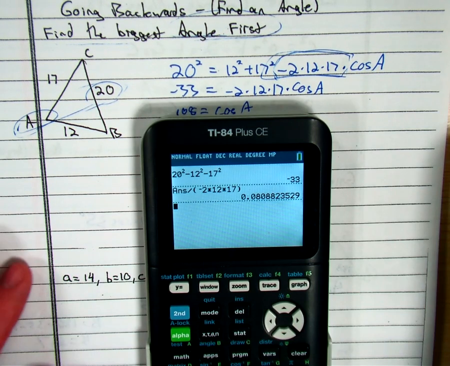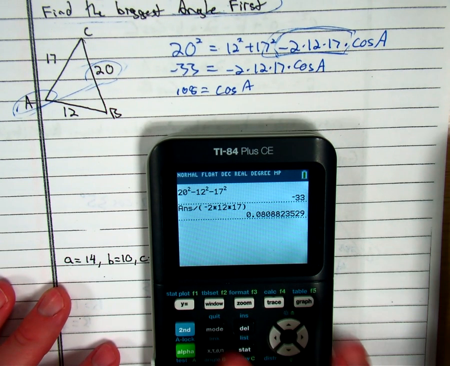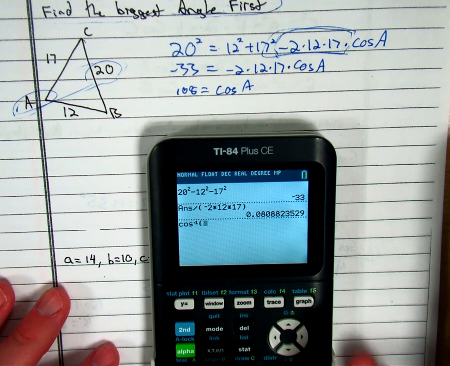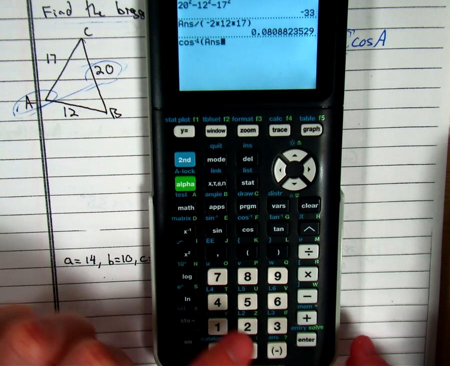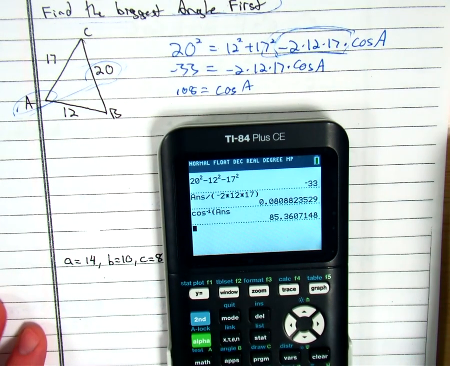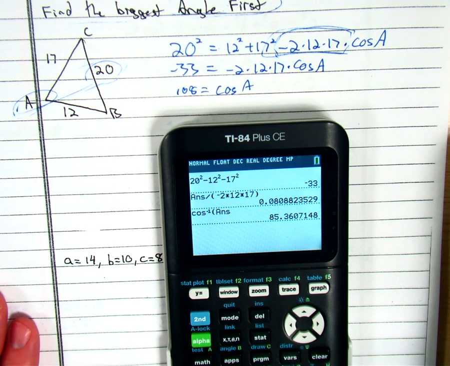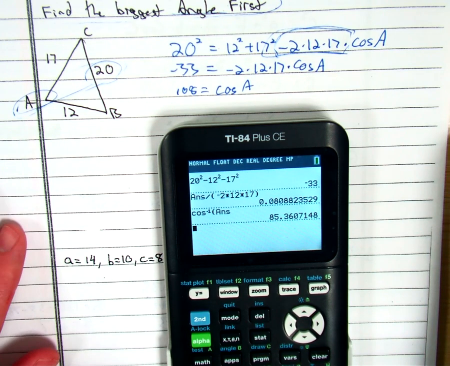We're going to use the full answer there. Okay, so next we're going to do cosine inverse of both sides. So second cosine, second answer. Okay, that's second negative to get that answer. And we should have 85.4 degrees.